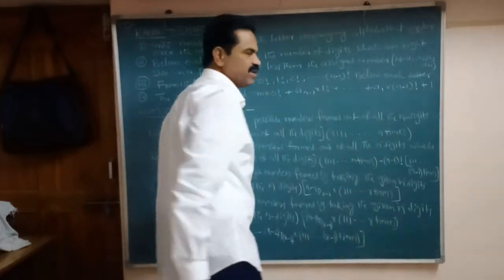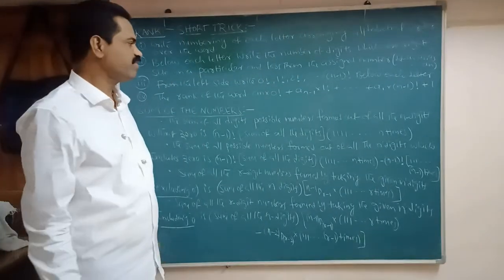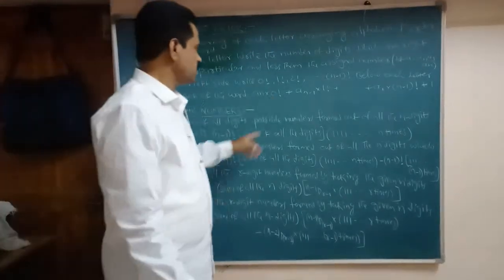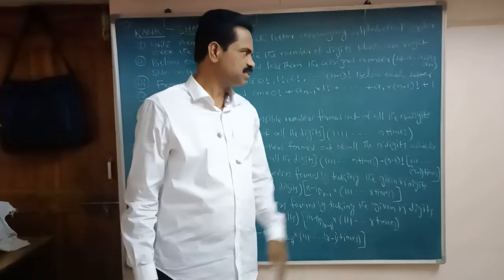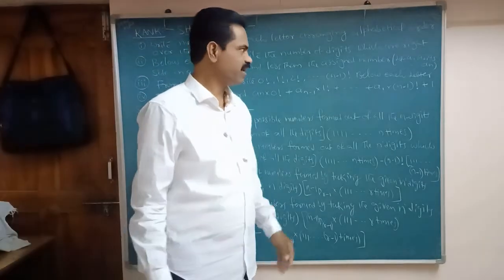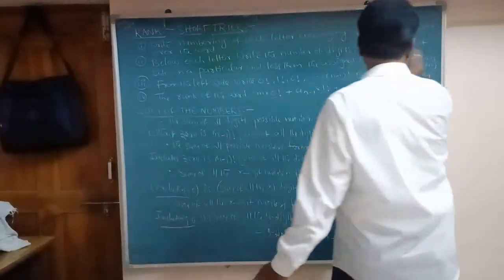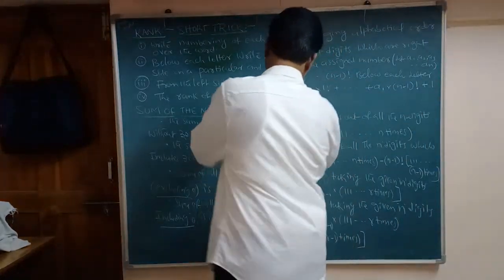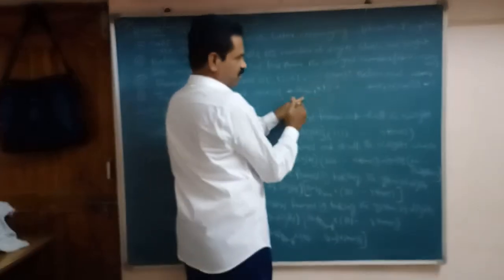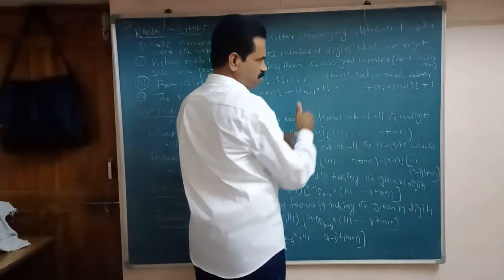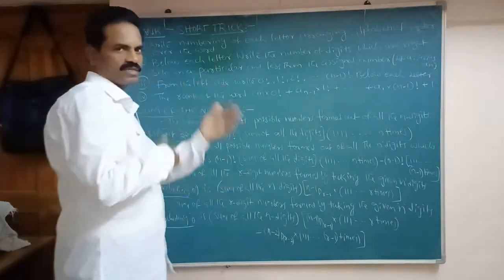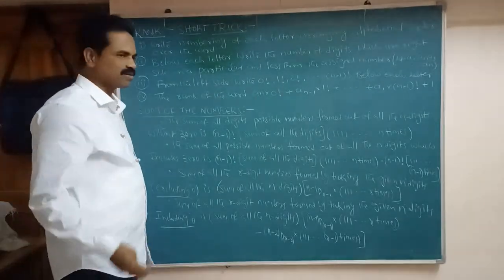The rank of the word is An into 0 factorial plus An minus 1 into 1 factorial plus, and so on, up to A1 into n minus 1 factorial, plus 1 at the end.